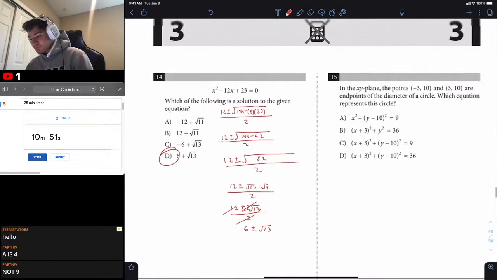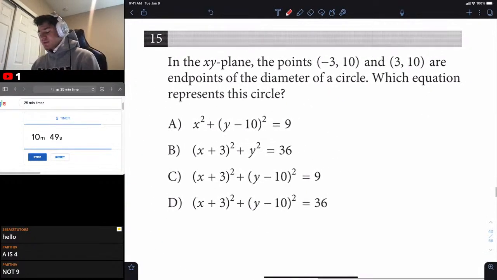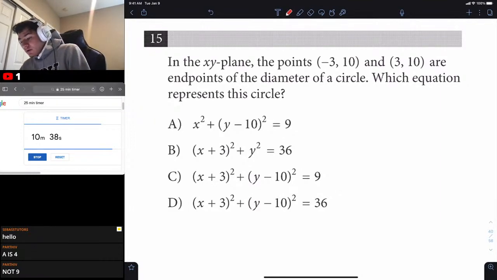Cool. In the xy plane, the points (-3, 10) and (3, 10) are endpoints of a diameter of the circle. Which equation represents this circle? Okay, let's go ahead and find that diameter of the circle. Hold on, let me think.